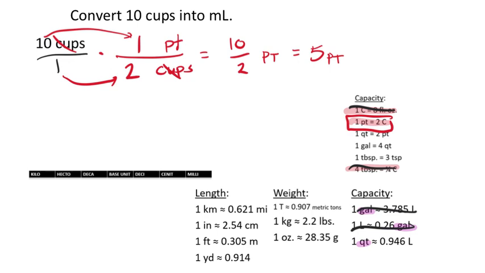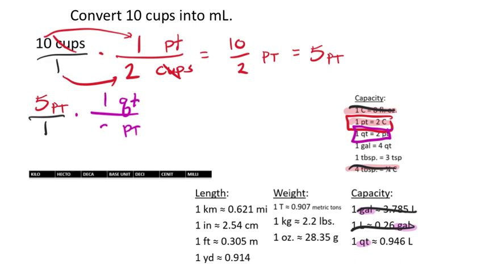Very good. Now that I have this in 5 pints, I'm going to take those 5 pints, make them over 1, and we're going to convert this then from pints into quarts. So that's my conversion factor right there. So I'm going to multiply this by 1. I need the pints on the bottom for my conversion factor, and then we'll put quarts in the numerator.